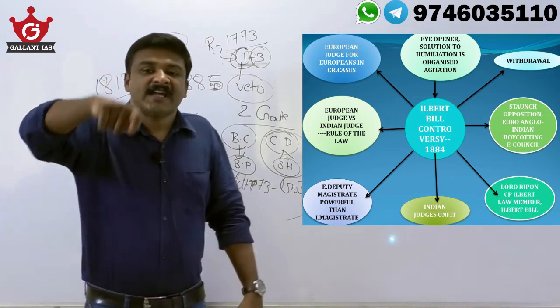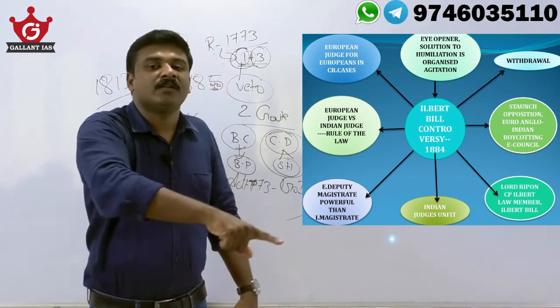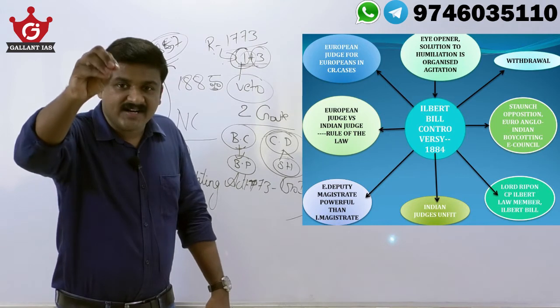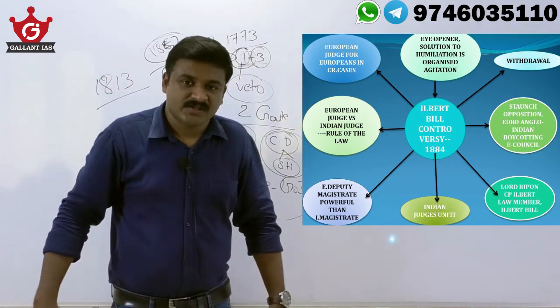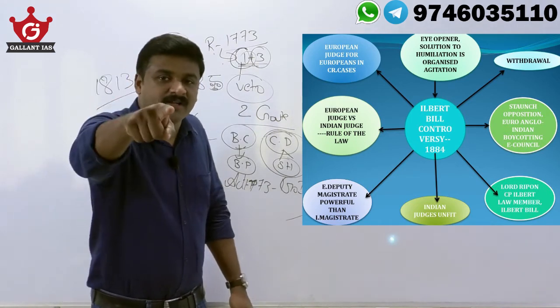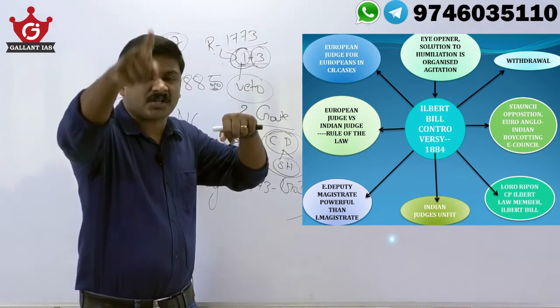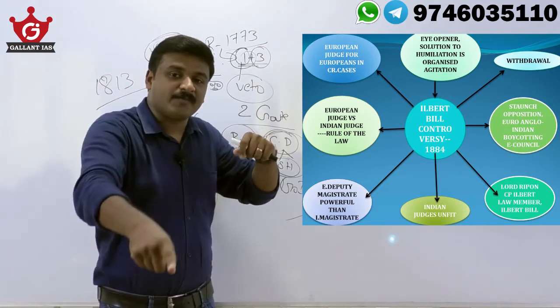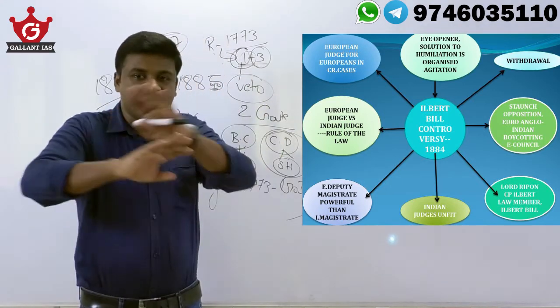Indian judges were not eligible to conduct these trials. Even though the British say there is rule of law and everyone is equal in the eyes of law, in the judiciary system itself there was racial discrimination.